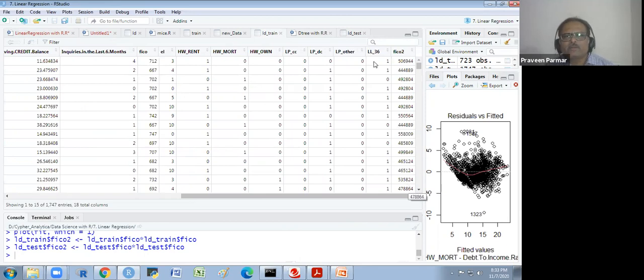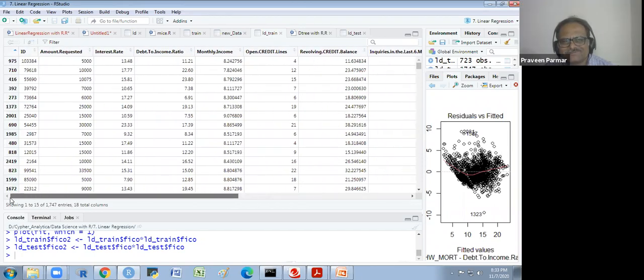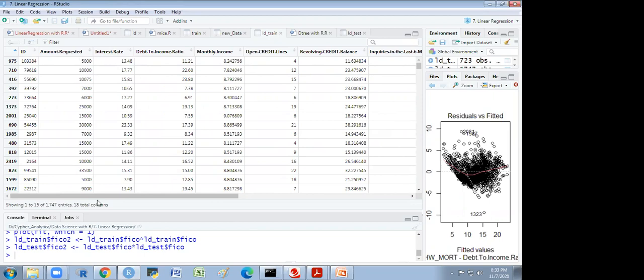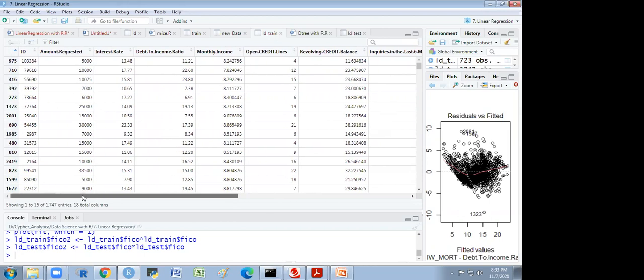Can you once again explain how you selected FICO and why you selected FICO and not other variables? I have done it one by one. Understand? I first squared this and I tried it. Then I squared that. I tried it. Got it? Okay, sir. But in amount requested, if we do the square, then what are we checking?